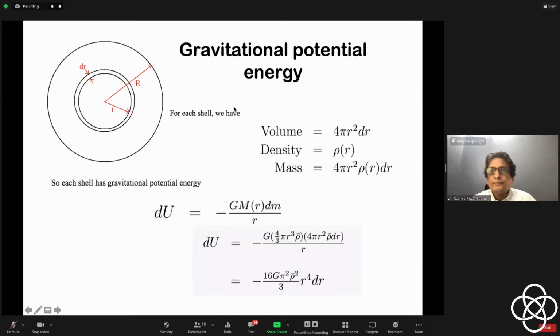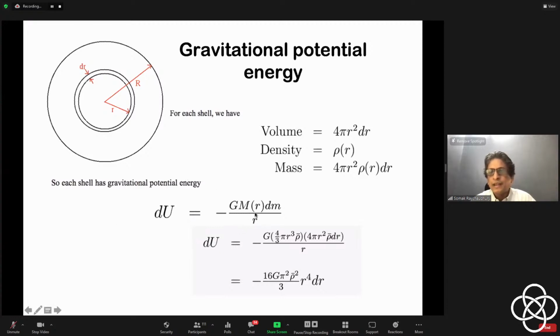Okay. How do you calculate the potential energy of a spherical system? We've done this in class. You integrate, thinking of how to assemble mass in a cluster, a spherical system, by bringing shells from infinity and slowly assembling a sphere of mass M. For the time being, assume it's uniform.